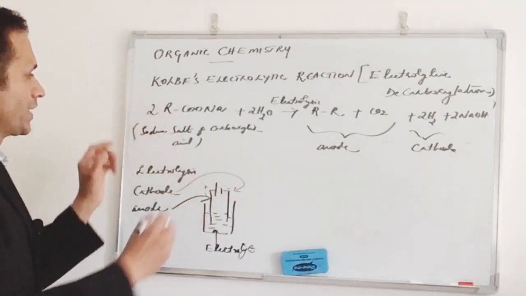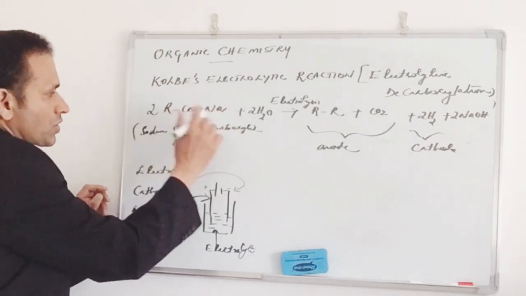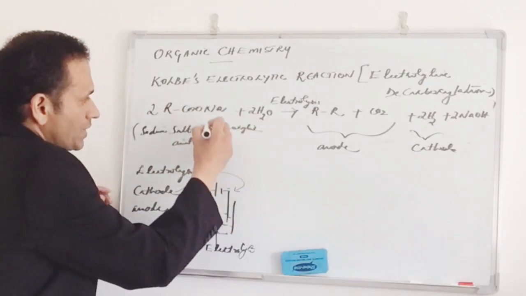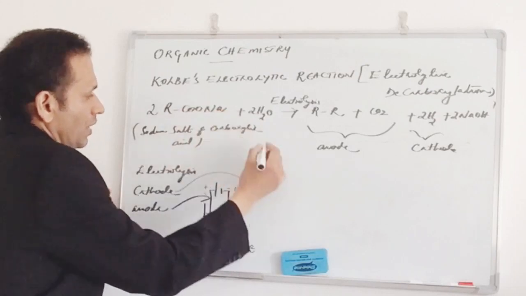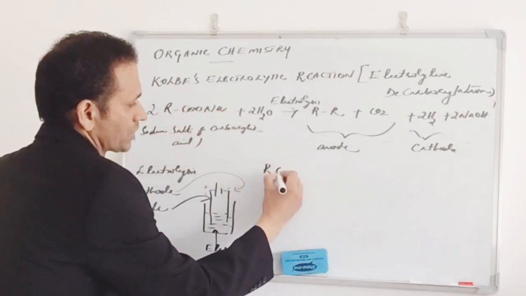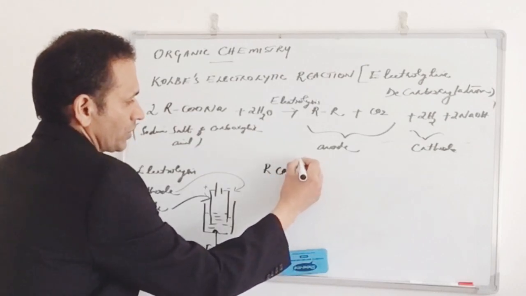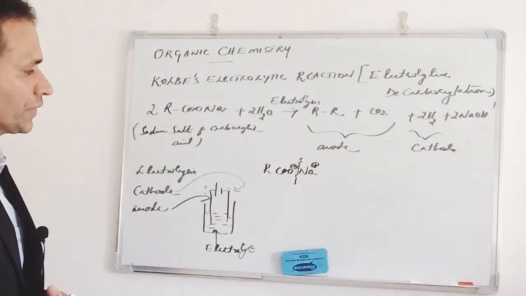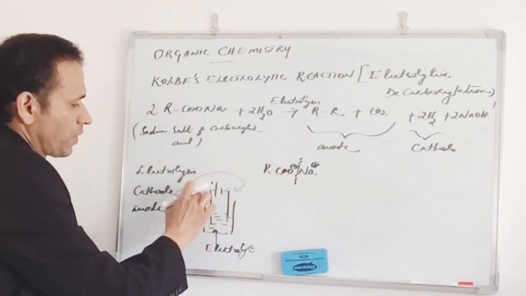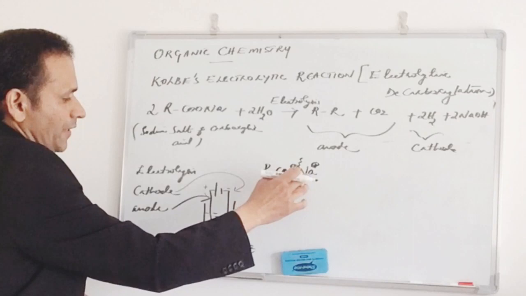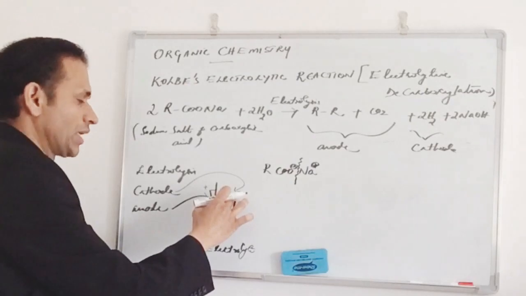In this case, RCOONa is the sodium salt of a carboxylic acid. During the passage of electricity, this compound splits into RCOO minus and Na positive. So a cleavage takes place. The negative ion will be attracted towards the positive electrode, and the positively charged ions will be attracted towards the negative electrode.